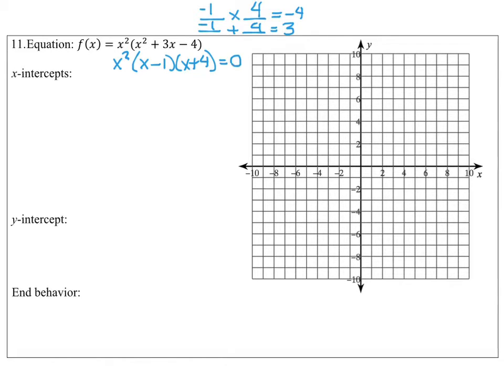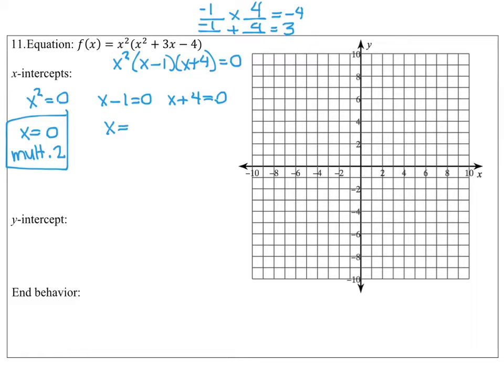And then to find the x-intercept, set it equal to 0. So I have x squared is equal to 0, x minus 1 is equal to 0, and x plus 4 is equal to 0. If x squared equals 0, that means x is just equal to 0. But because I had the square, I'm going to write this as a multiplicity of 2.